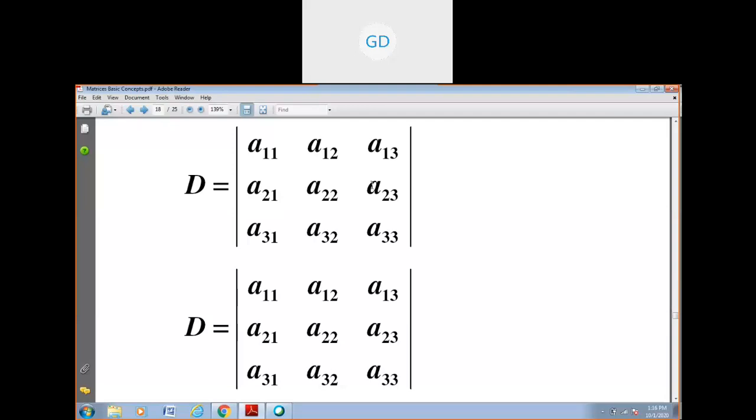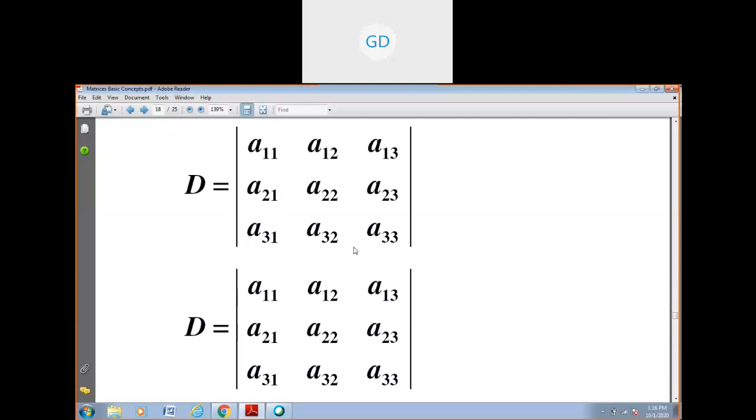So to evaluate a determinant, you should have the procedure. There is a procedure to evaluate the value of a determinant.